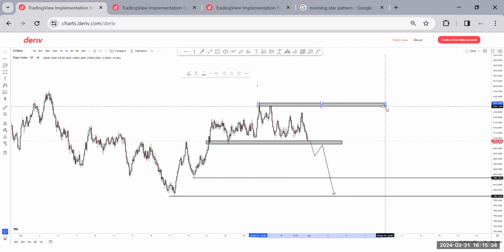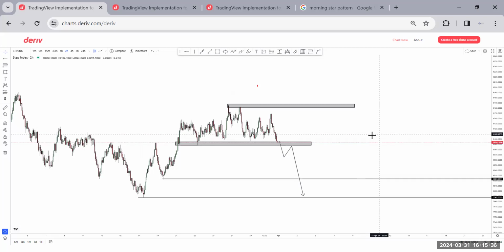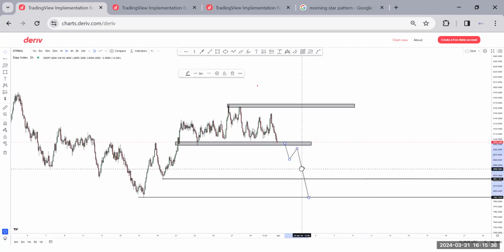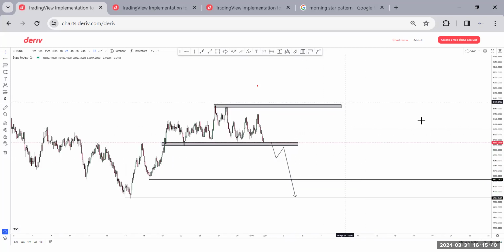And then we have these highs here as well. So let me take the screenshot and send to the page. The area is here on the 2 hour time frame.